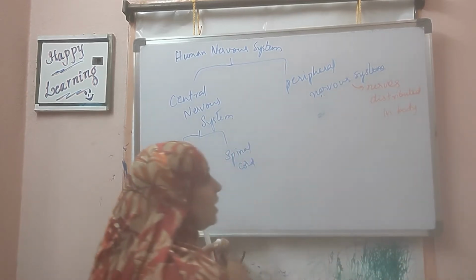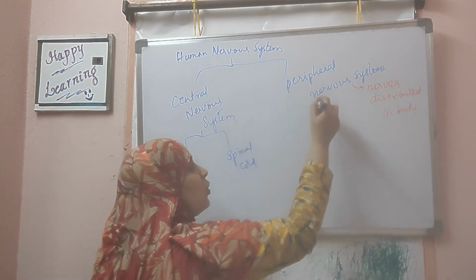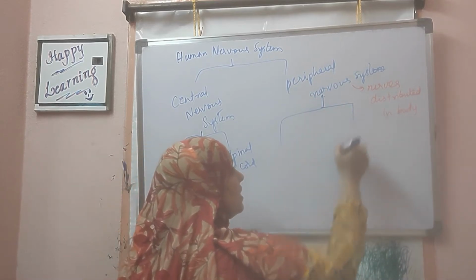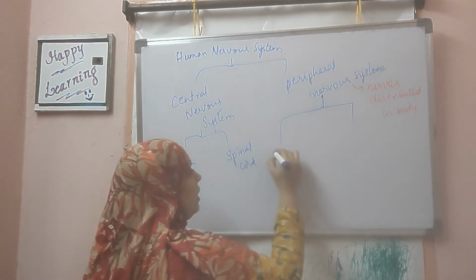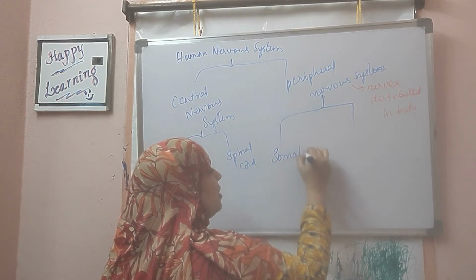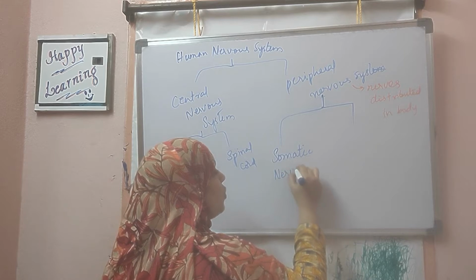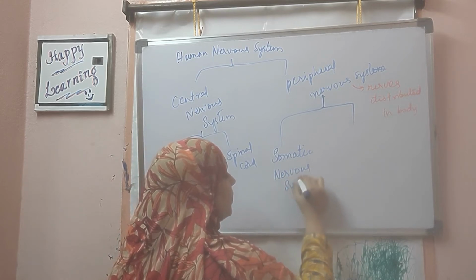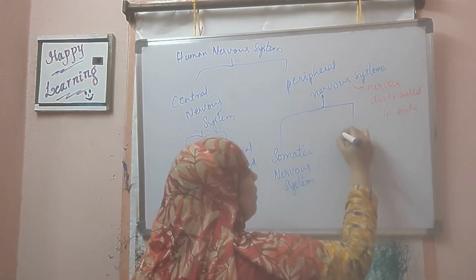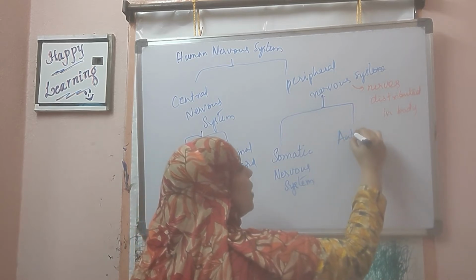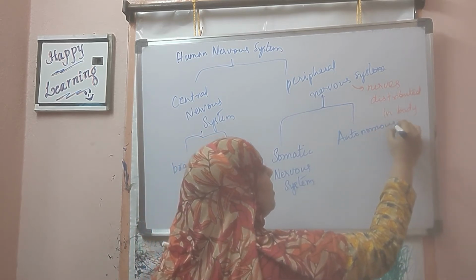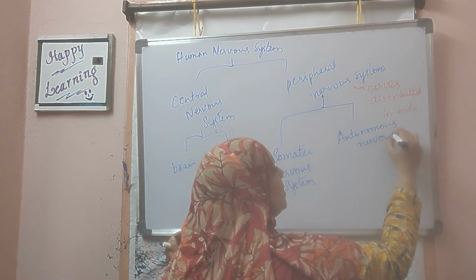Among these, there are some nerves that control voluntary functions, and some which control involuntary functions. Those nerves which control voluntary functions are called the somatic nervous system, and those which control involuntary functions are called the autonomous nervous system.